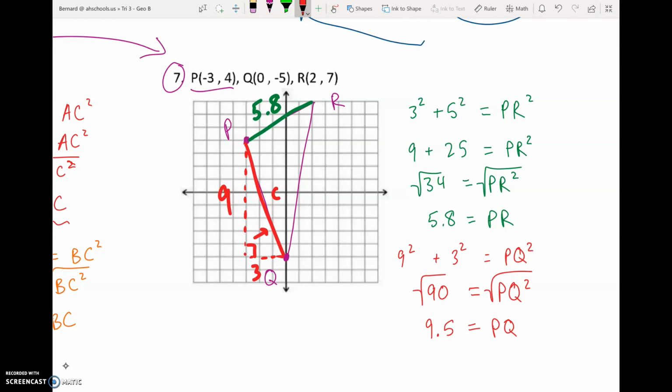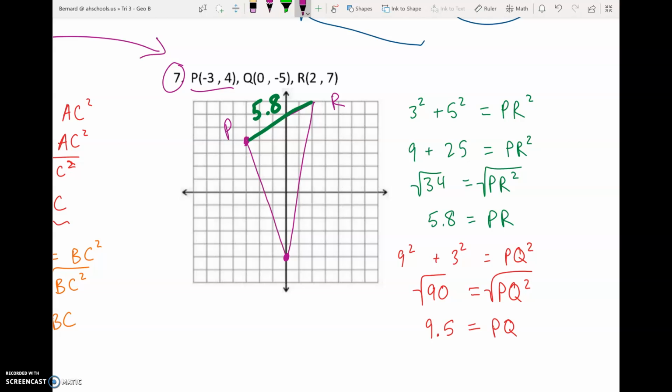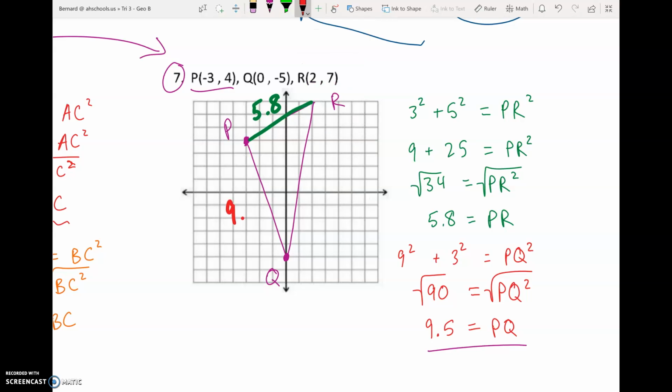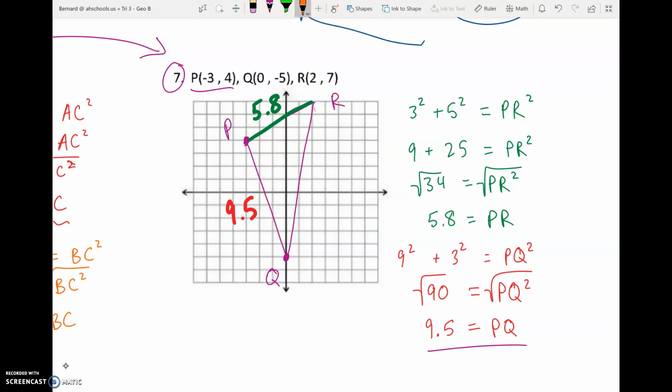All right. Now, we just need to do that one more time with the other side, but too much erasing. Let's clear this up a little bit and just remind ourselves. This side was side PQ, and we just found out that it is 9.5 units. Let's write a 9.5 here. So again, lastly, we'll perform that same deal over here for QR. The bottom piece was 2 units.